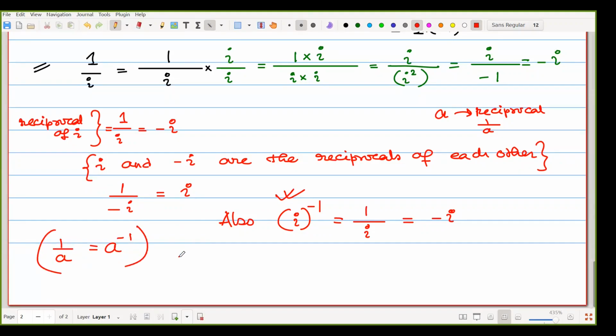That's why, in the same manner, i to the power minus 1 is equal to 1 by i, which is equal to minus i.